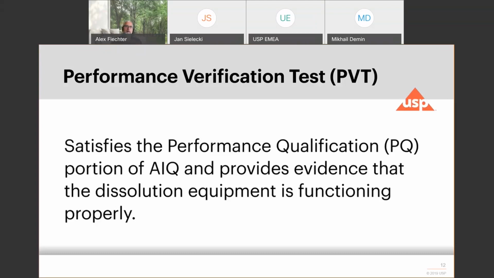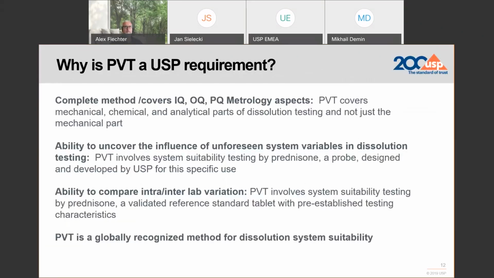How long ago has this started to go wrong already? And how many batches are in question that you have released based on this dissolution tester that you have now identified to be faulty? So the more regularly you do the PVT test, the more insurance you have that the tester is really performing over the period of time that you have it in use.